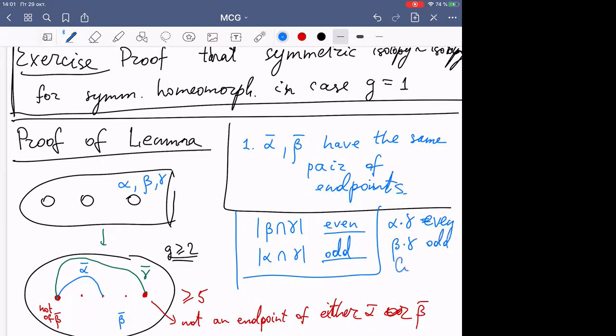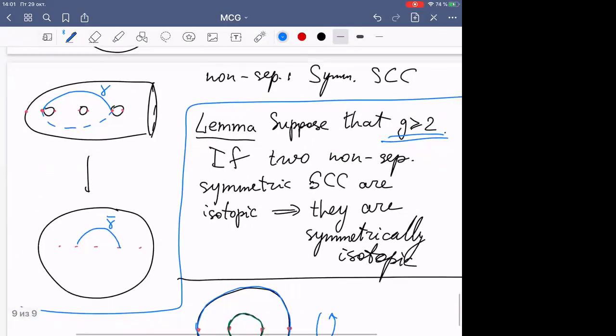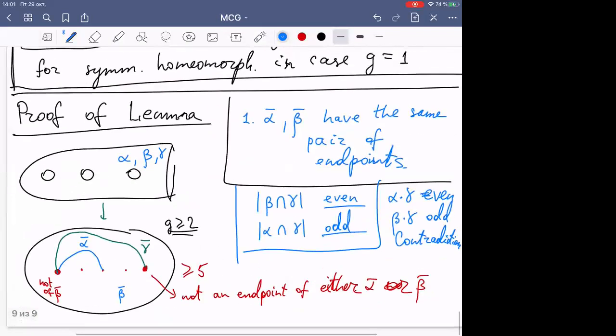So this is a contradiction, because our assumption is that alpha and beta, those two symmetric simple closed curves, are isotopic, and at least they represent the same homology class.